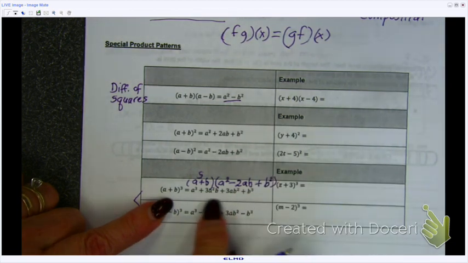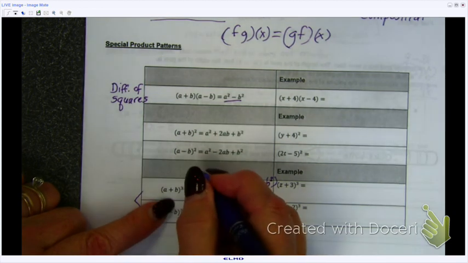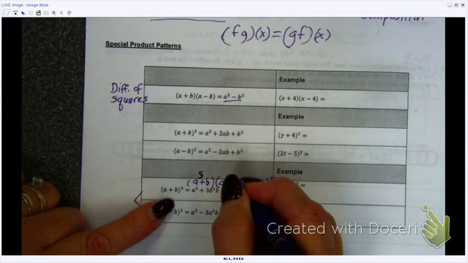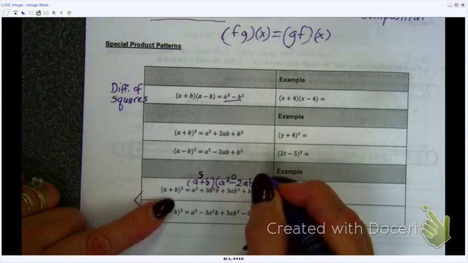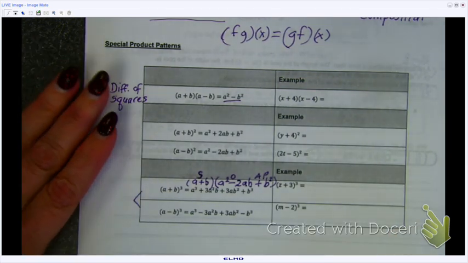This one is fully expanded. This one is in sort of a factored form, so the same sign, that's an S, the opposite sign, and the last one is always positive, so we call that SOAP. It's just a way to remember it.